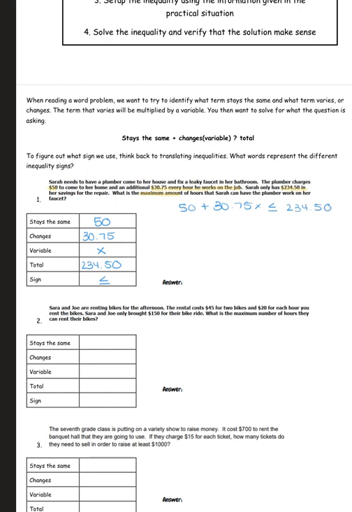All right, to solve this inequality, we're going to start by subtracting 50 from both sides. My 50s cancel, and I get 184.50 is less than 3075x.